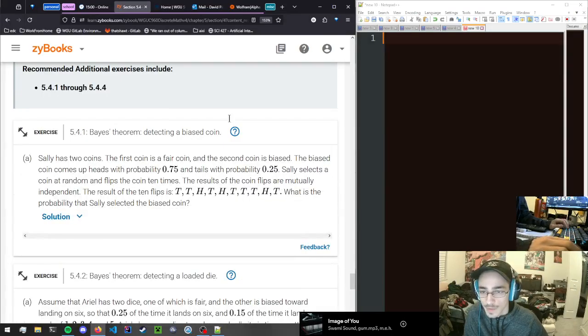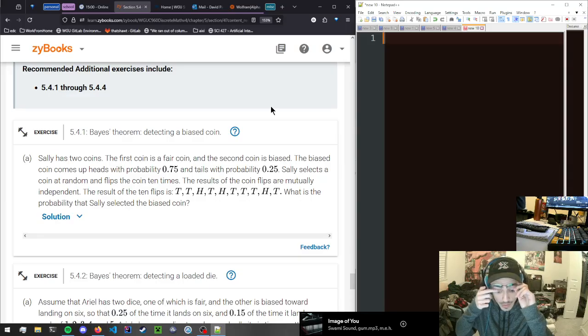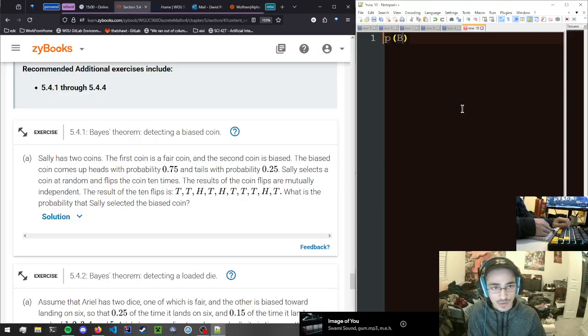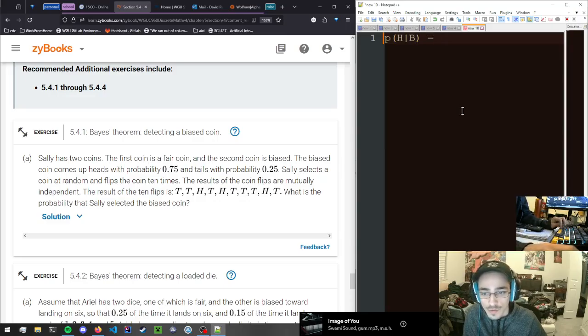Alright, let's see here. So Sally has 2 coins. The first is a fair coin, the second one is biased. So the biased coin comes up heads, 0.75.